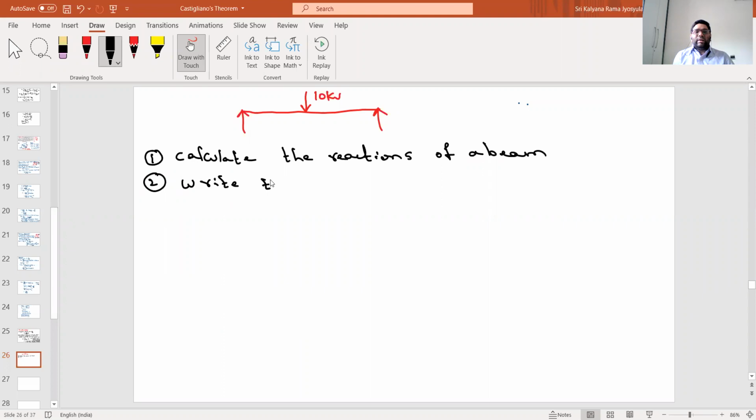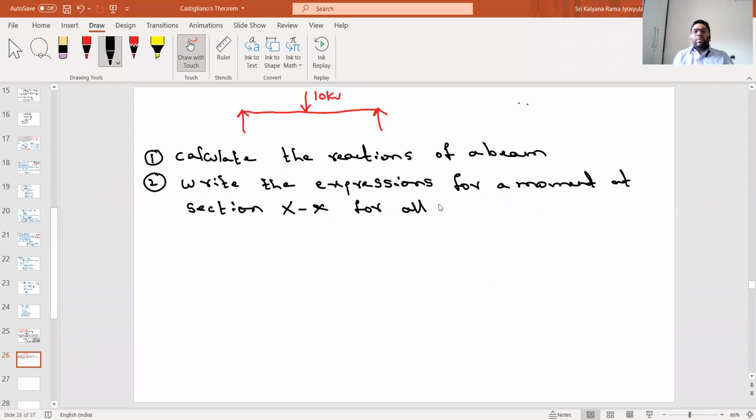Now, second step: write the expressions for the moment at section XX for all the portions of the beam.